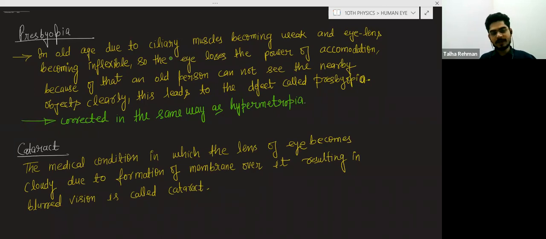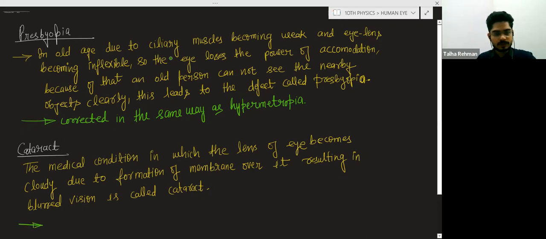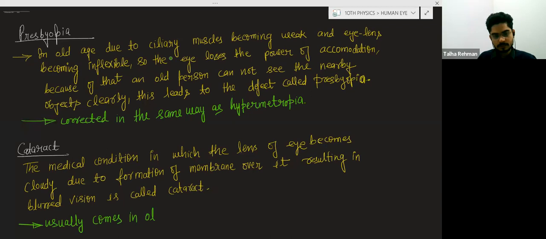And this is corrected by surgery. And this also comes usually in old age.